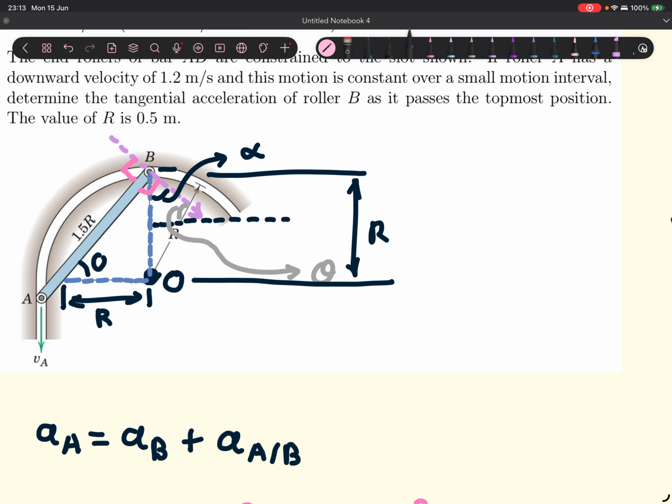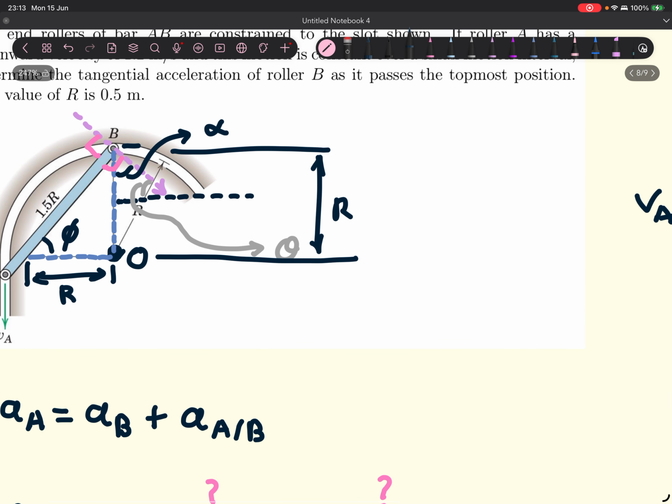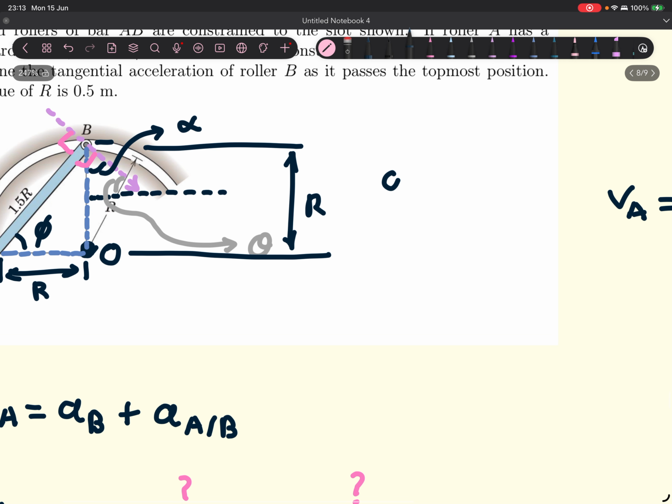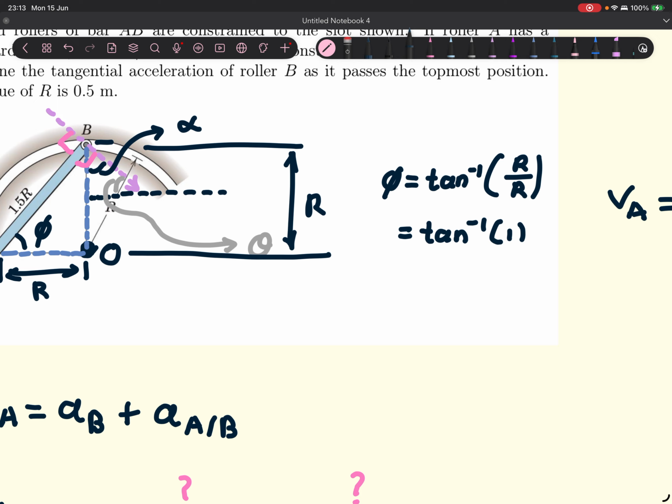And then this is, let me call that phi. If that's phi, then the value of phi is equal to arctan of r over r, which is equal to the arctan of 1, which, if I'm not mistaken, is 45 degrees. I think that's correct.